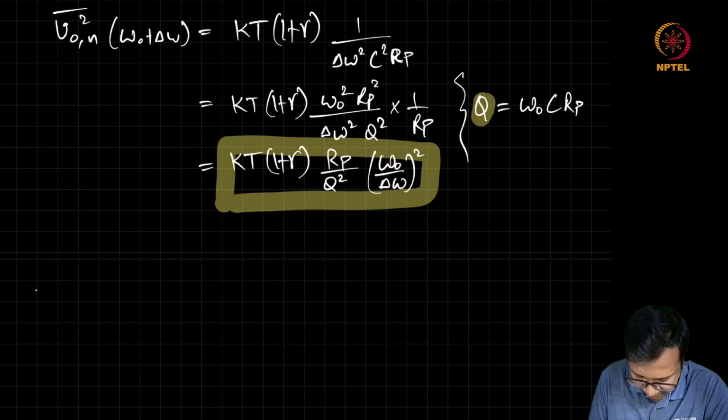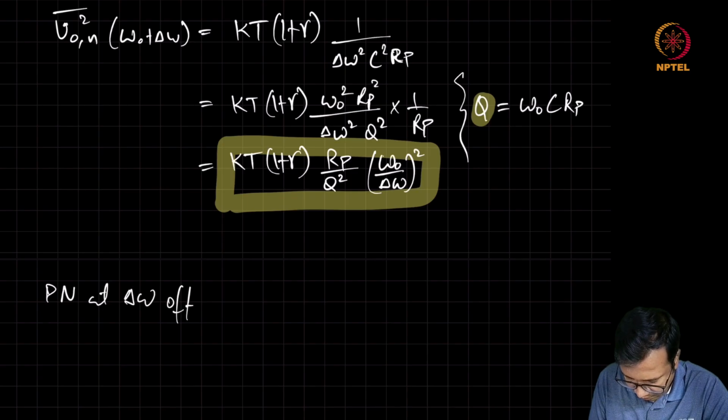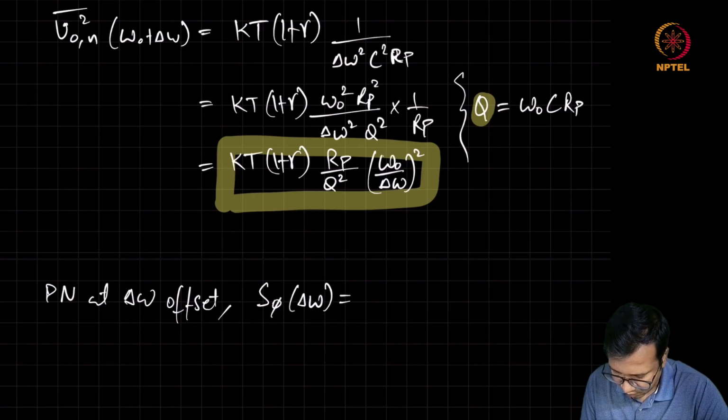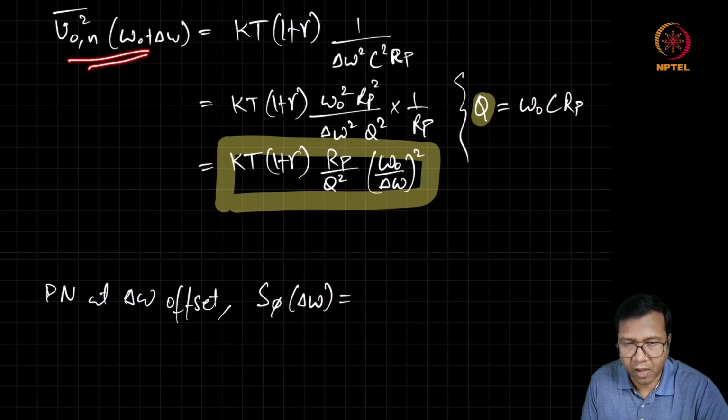So the phase noise at delta omega offset, S by delta omega, is going to be half of this output voltage noise, because only half of this output voltage noise contributes to the phase noise, while the other half will contribute to the amplitude noise. This is assuming equipartition theorem is applicable.